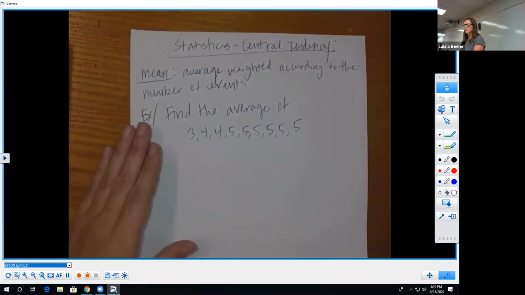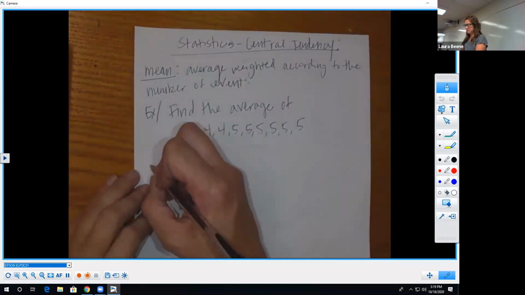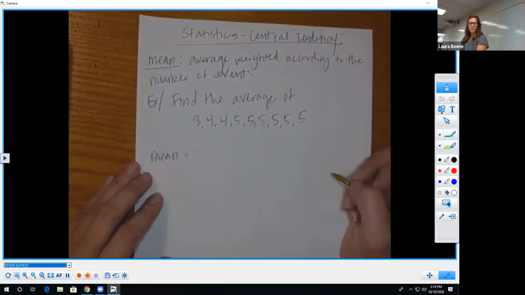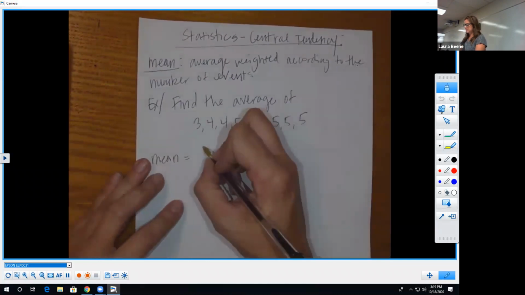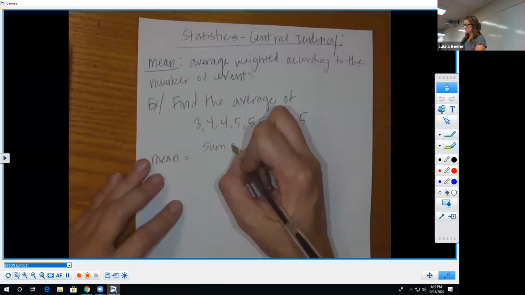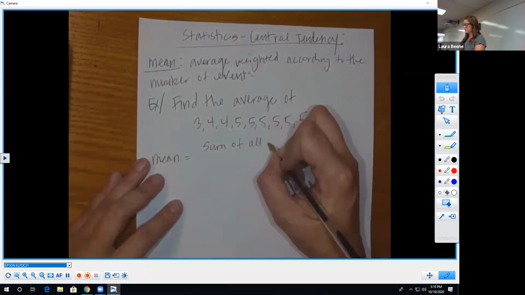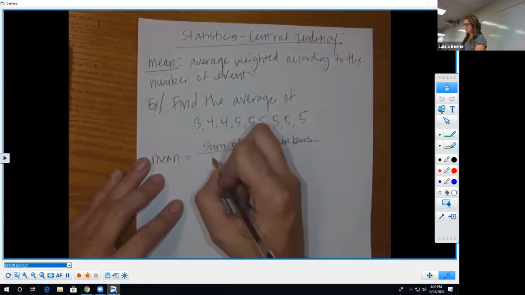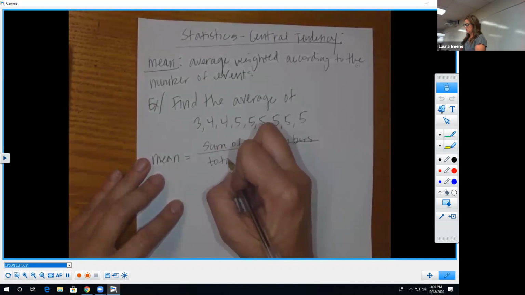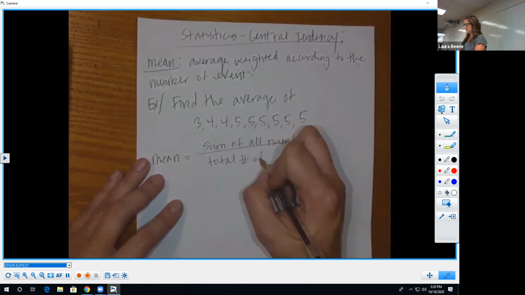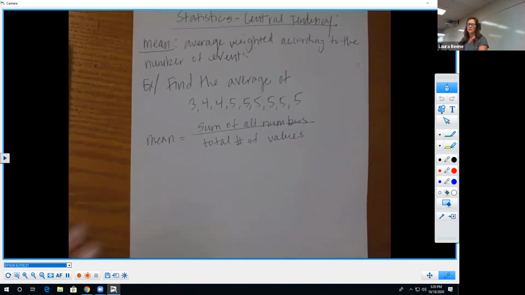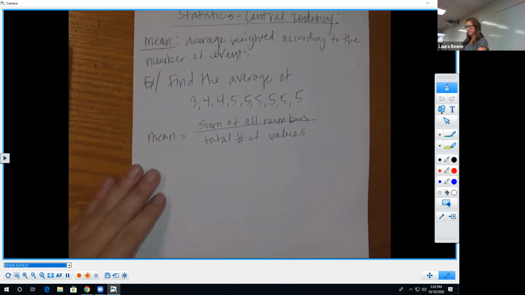First of all, I'm pretty sure you know this, but let's write down what the mean is. The mean is you sum up all the numbers on top, and on the bottom we divide by the total number of values.